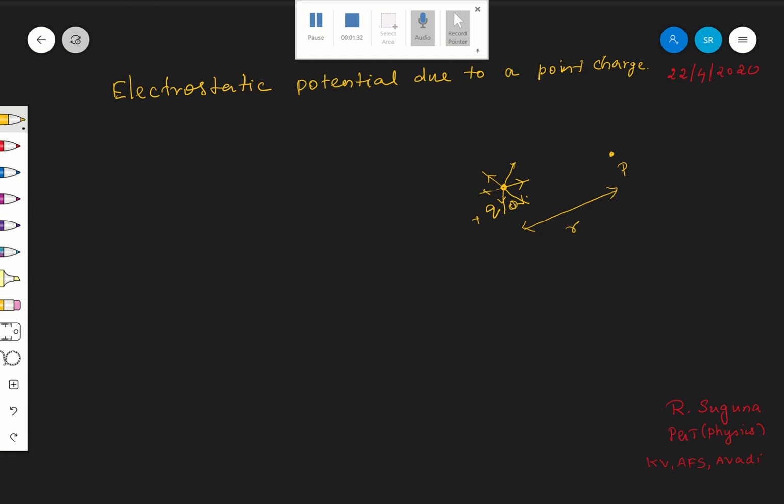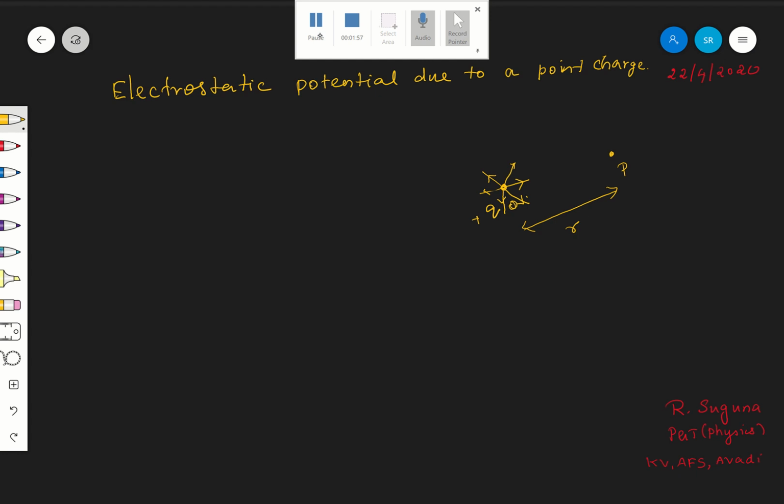Right. So what do you know by definition, what is the electric potential at any point? Yes, the work done in carrying a unit positive charge from infinity to that point without acceleration. And also, what is infinity?